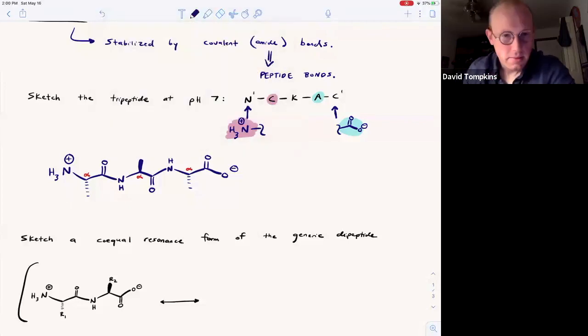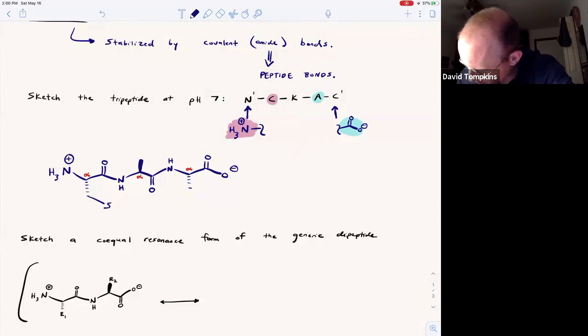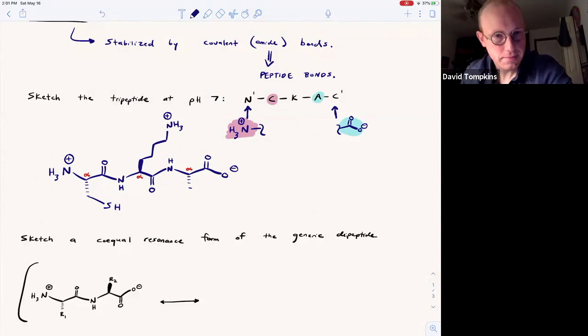And then simply install the R groups, where cysteine is a thiol, lysine is a 4-carbon chain followed by a primary ammonium ion, and alanine is simply a methyl group. So I'll leave this one as is. That's your tripeptide at pH 7.